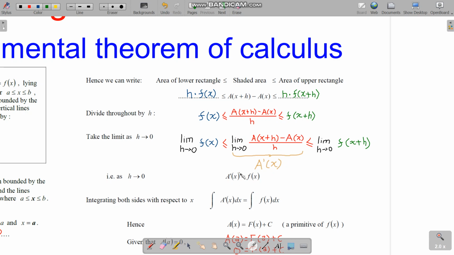And on the sides, as h approaches 0, there's no h left, so it's just f of x. So this whole thing is the same as f of x.